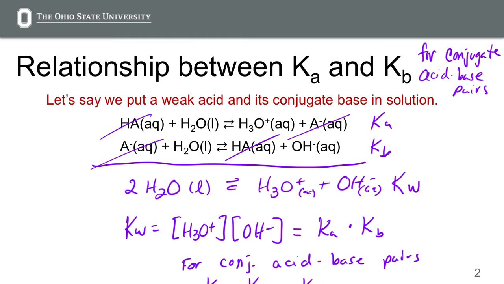Maybe you do now. Historically, when we had an actual book that had Ka and Kb values, we couldn't put everything in there. But we have this relationship. And so if you have a Ka and you need a Kb, you can use Ka times Kb equals Kw, and solve for the variable that you need.